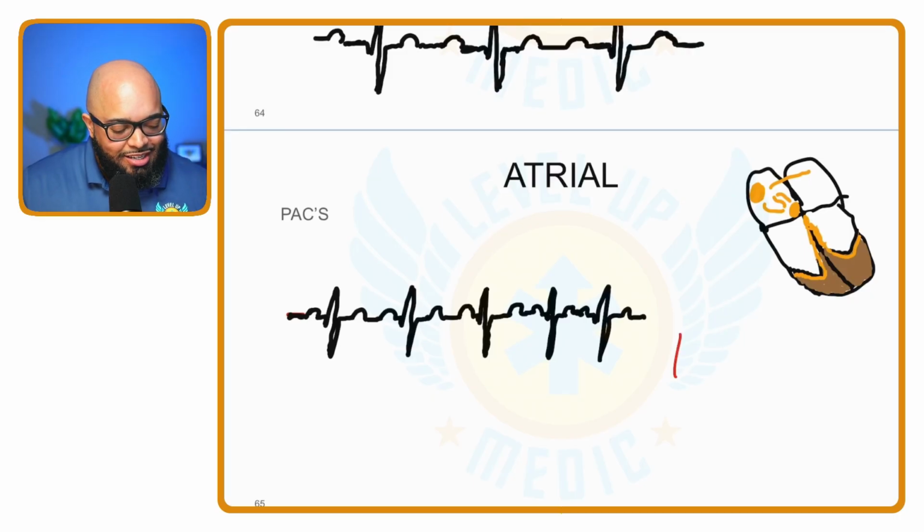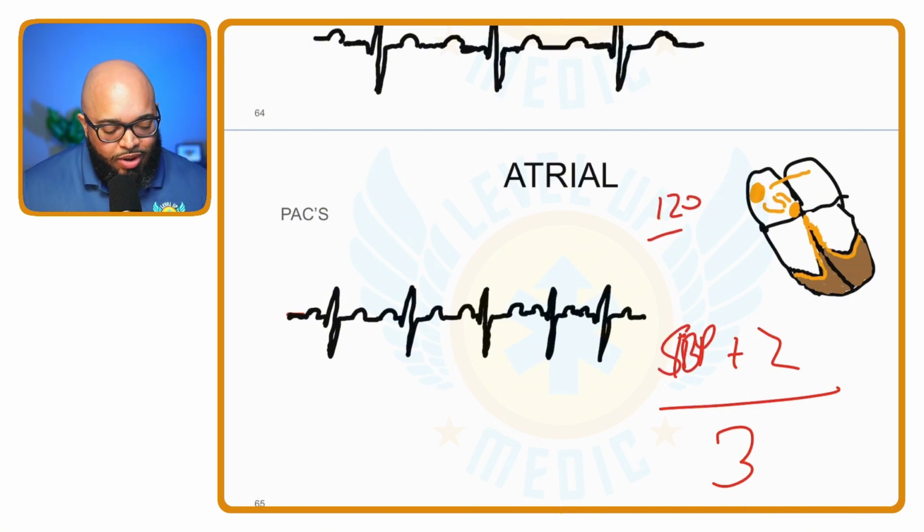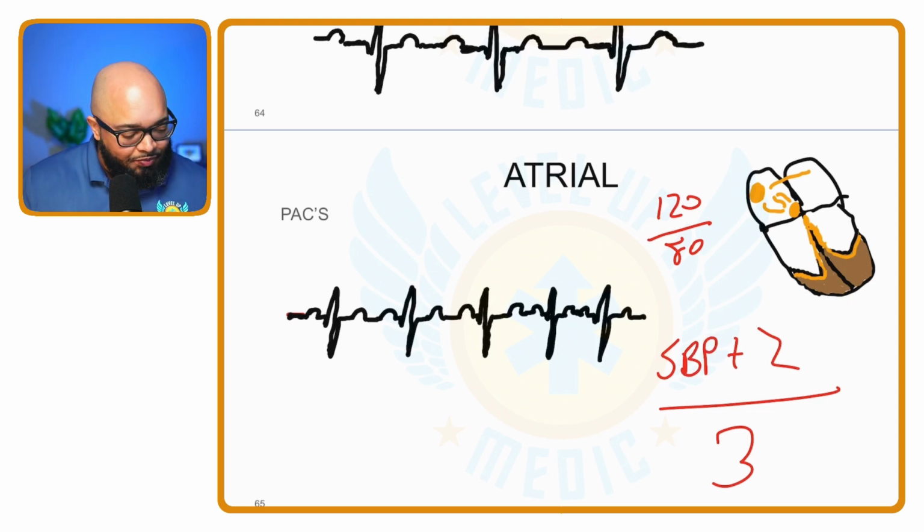Remember I said MAP is as easy as 1, 2, 3. 1 plus 2 is 3. All we're going to do is take, for the 1, that's just going to be the systolic blood pressure. So if it was 120/80, we take 1 times the systolic, which is just the top number, okay?